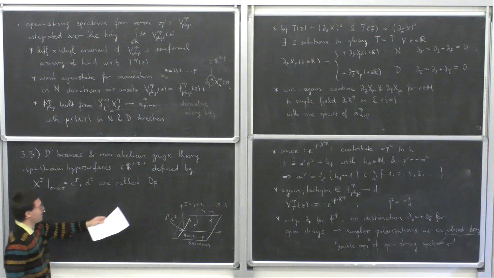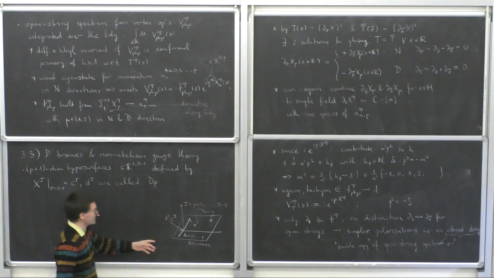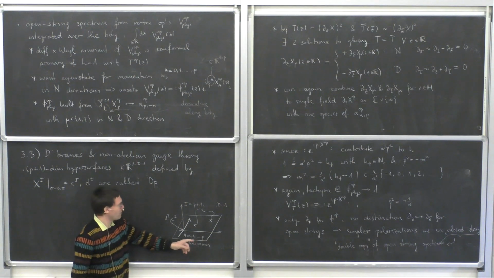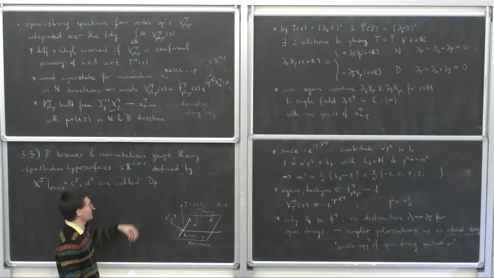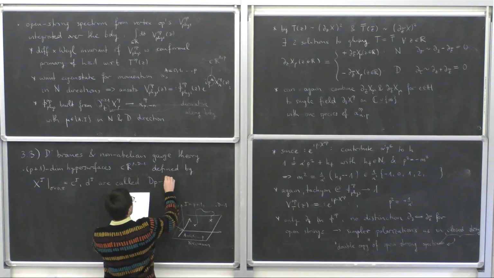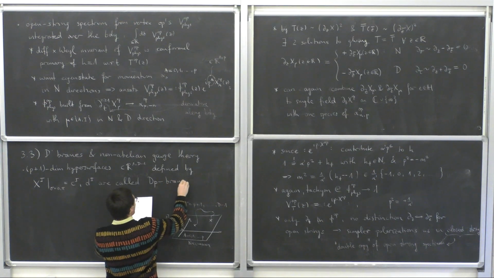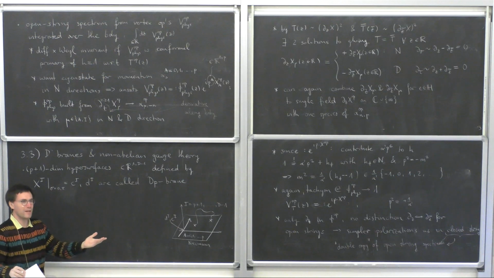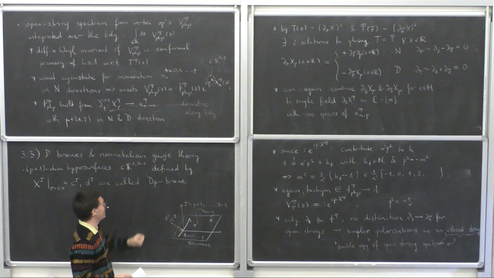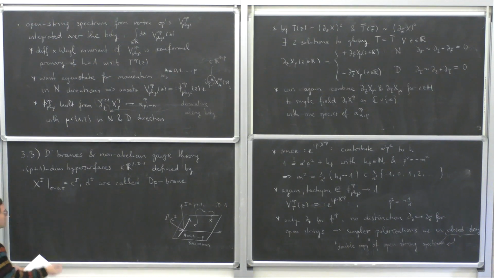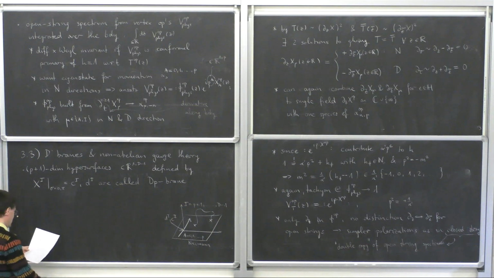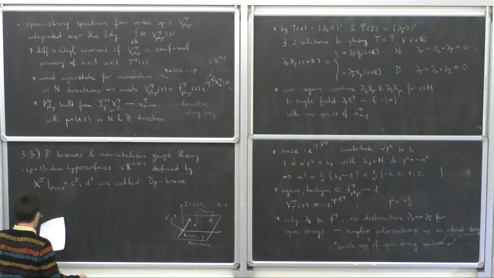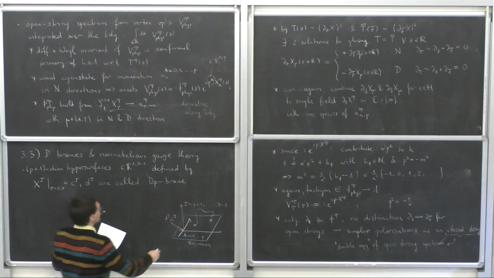So this p number that I keep on using to count the number of spatial Neumann directions is also entering the name of these D-branes. If you are lazy and don't want to state the dimensionality, you say D-brane. But if you want to be precise and state the dimensionality, you speak of a Dp-brane, which may specialize to a D3-brane, D25, and so on.